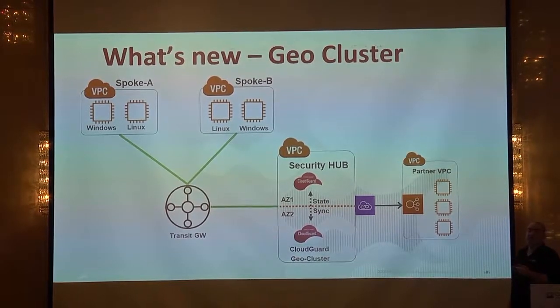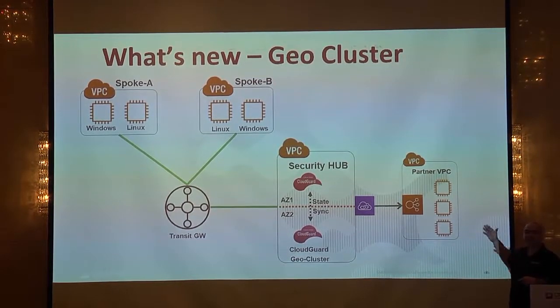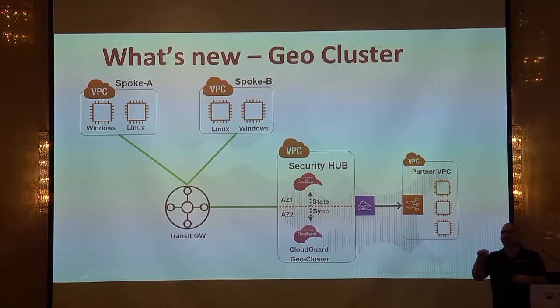Maybe it's a SaaS provider. I've seen that, I'm not just making it up. There's a customer using this already. A partner providing software as a service, now using PrivateLink, provides private SaaS access to his services to that company, to the spokes.